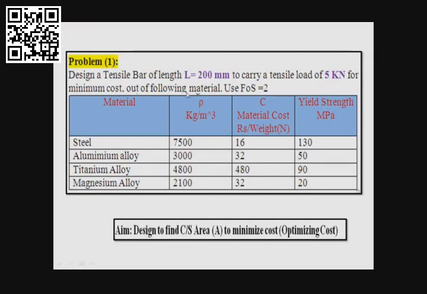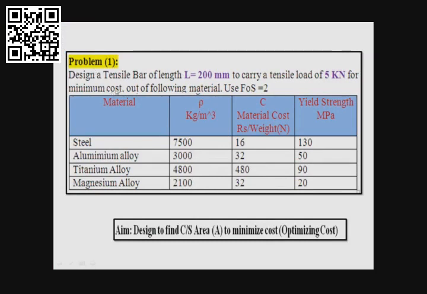Out of the following materials, use the factor of safety FOS equal to 2. So here we have to design the bar of length 200 mm, and load carrying capacity should be 5 kilonewton, but for minimum cost.